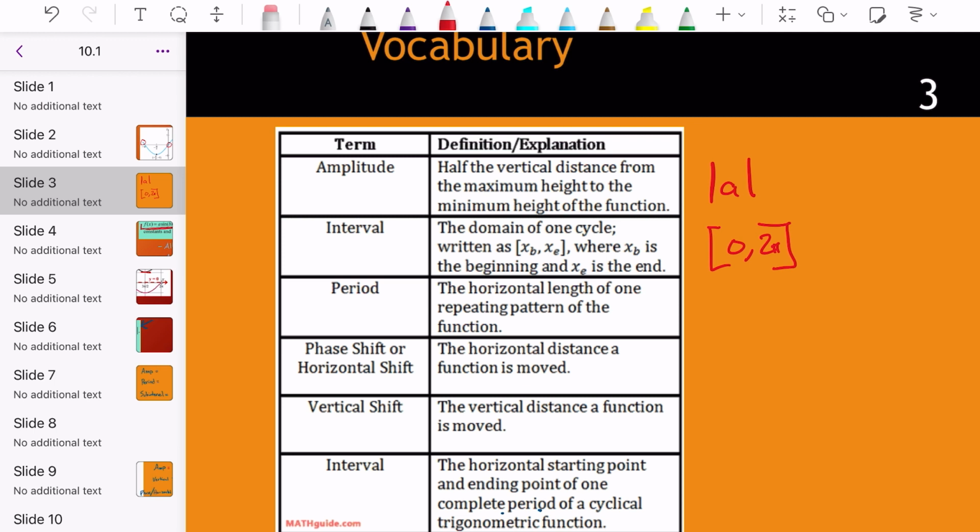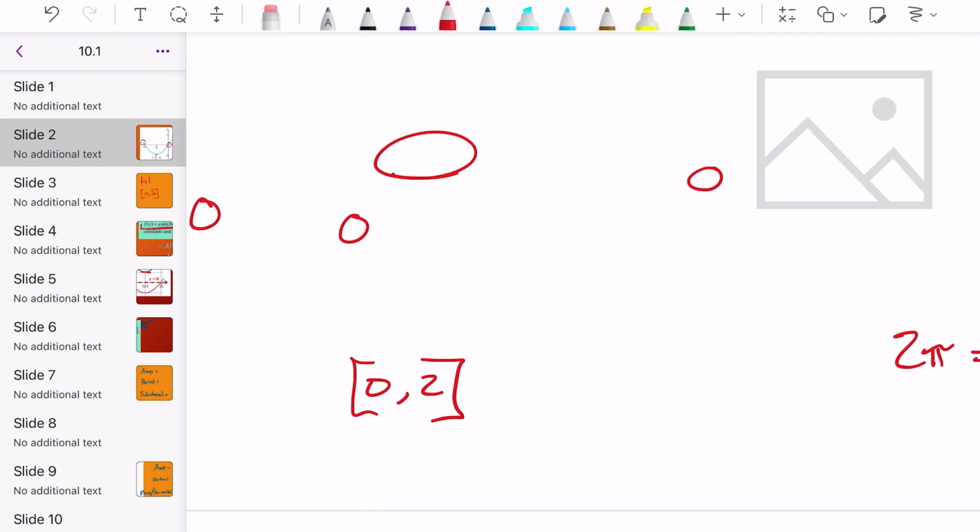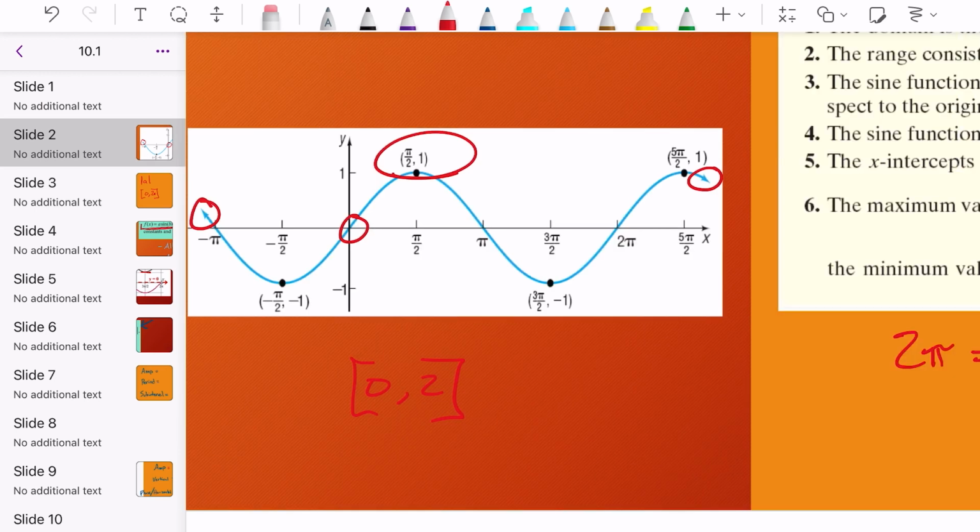So keep in mind, it's not saying that we're going from 0 all the way up to positive and negative infinity. It would be saying if that point of the origin were to move to 1 pi, that would be the horizontal shift of 1 pi. Instead of it crossing the midline at 0, 0, it would move to this point over here at pi.